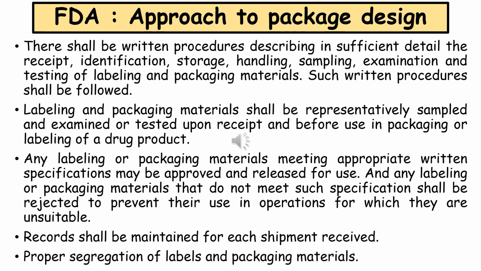There shall be written procedures describing in sufficient detail the receipt, identification, storage, handling, sampling, examination and testing of labeling and packaging materials, and such written procedures shall be followed.